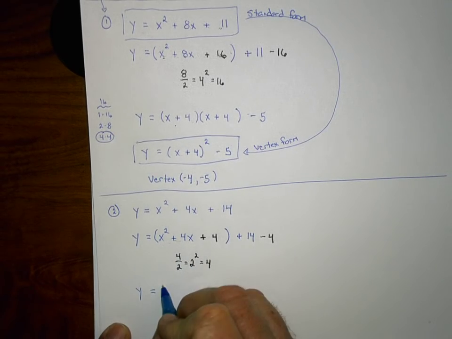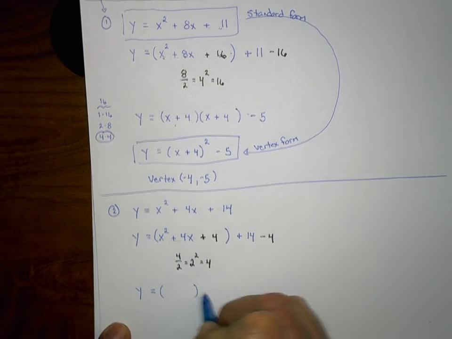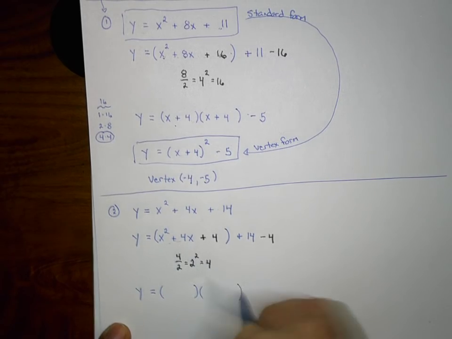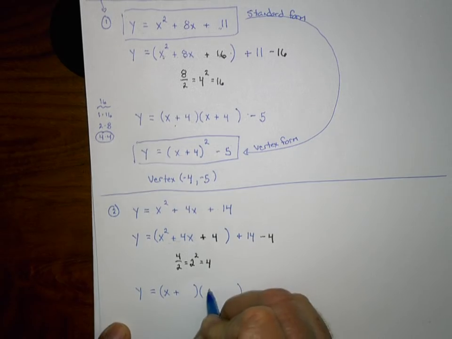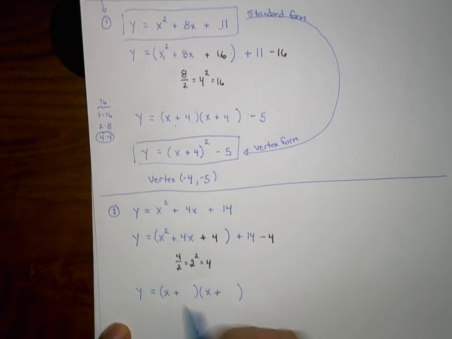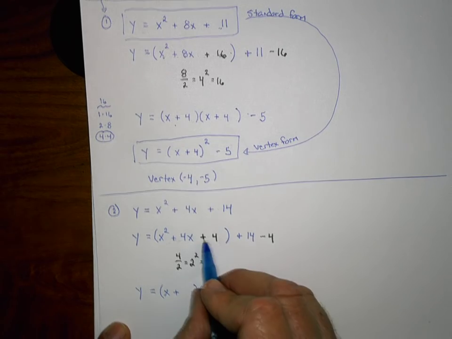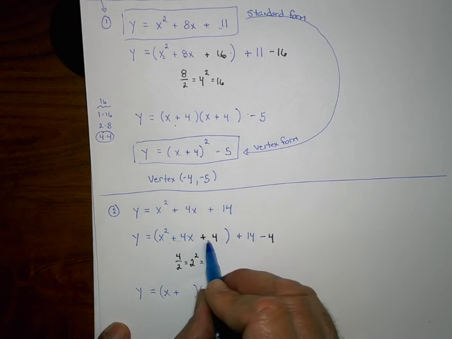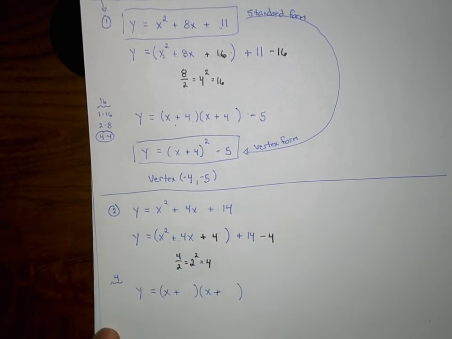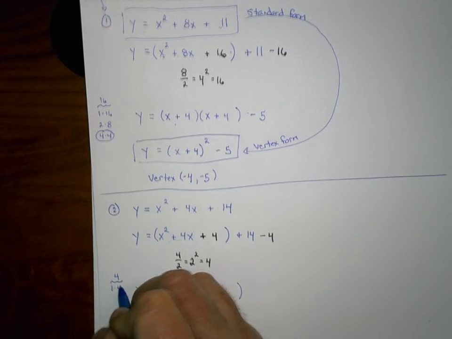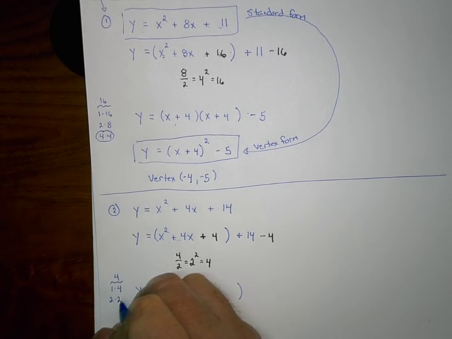Remember, trinomials factor into two binomials. Because it's a plus plus trinomial, my factors are going to be x plus and x plus, and now I'm going to find the numbers that go in my factors. I look at the very last number inside my parentheses, which is positive 4, and I write down the pairs of numbers that multiply to make 4: 1 times 4 and 2 times 2.